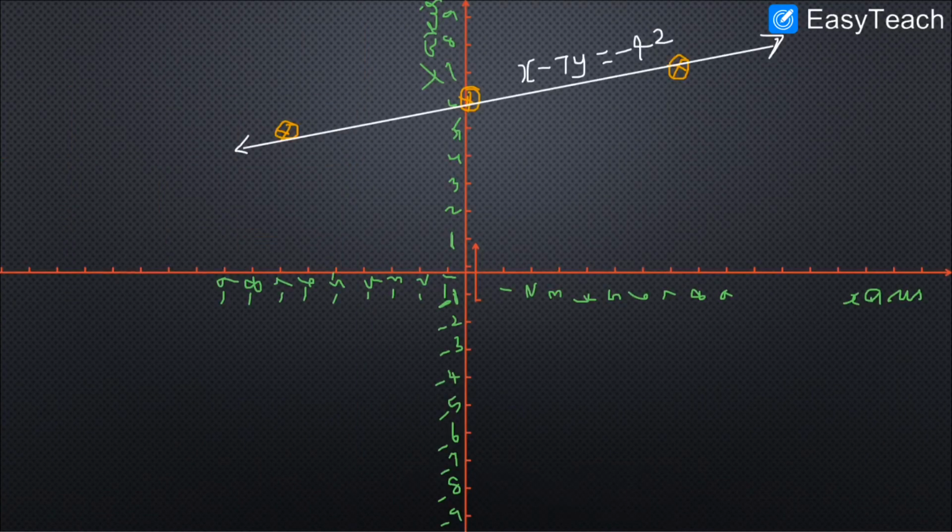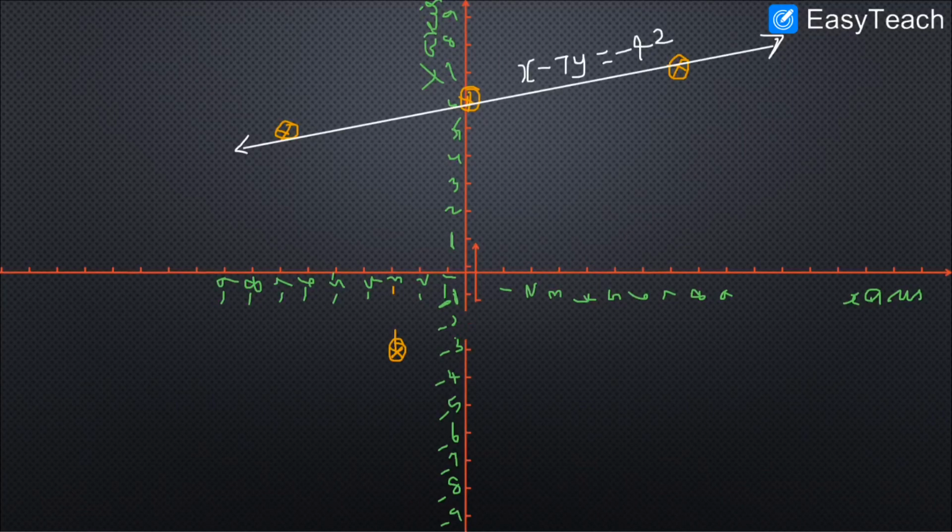Let's mark the vertices for the second equation. First minus 3 comma minus 3. So here it is. Then 0 comma minus 2.